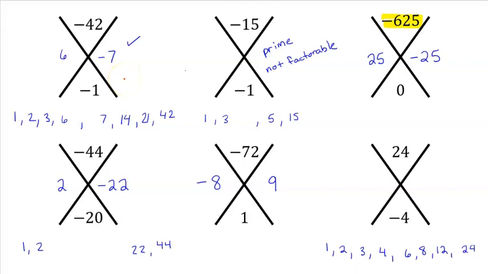And you cannot mix and match. 3 is always going to be with 8. You cannot mix and match and do something like 8 with a 4, giving us 4, because that's not a pair. 8 times 4 wouldn't give us the 24 that we're looking for, so you can't mix and match your pairs. And so this one would also be prime, not factorable.